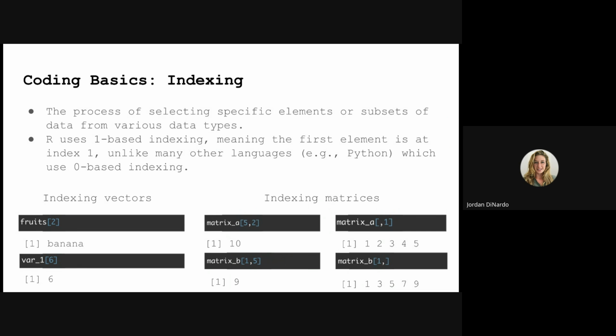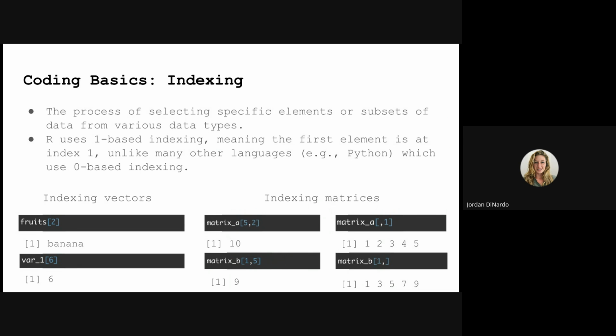Okay. When we're indexing from matrices, we have to indicate the row and the column, especially if we want a specific value. So if we say we want row 5, column 2, that gives us the output, which is a 10. And a similar example down here, row 1, column 5.